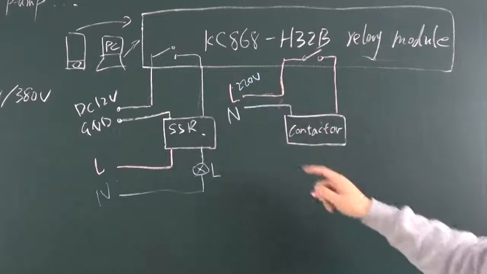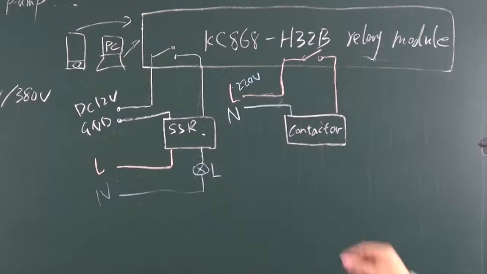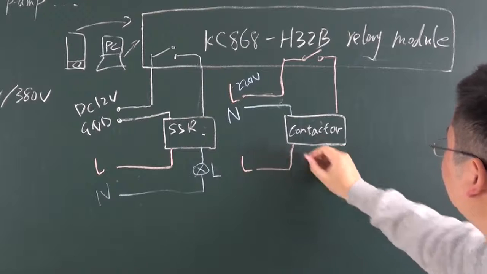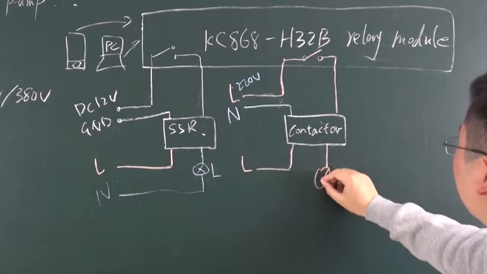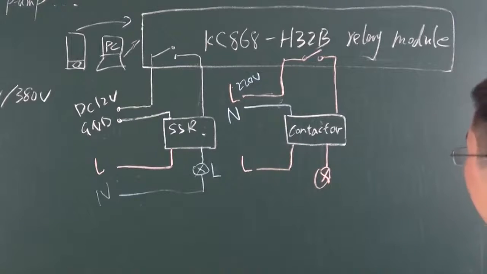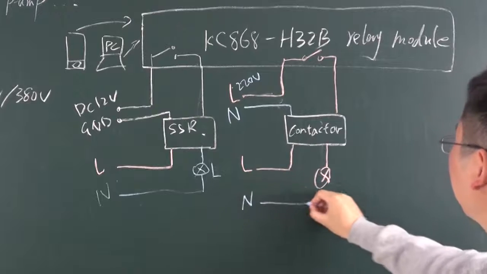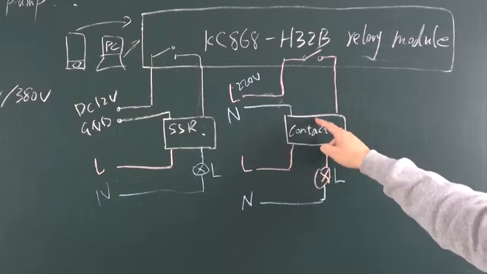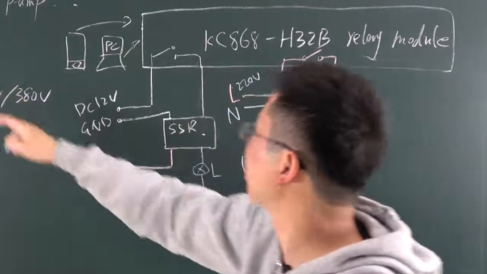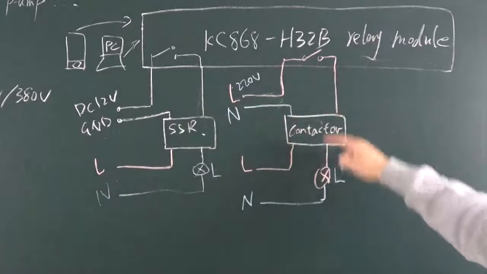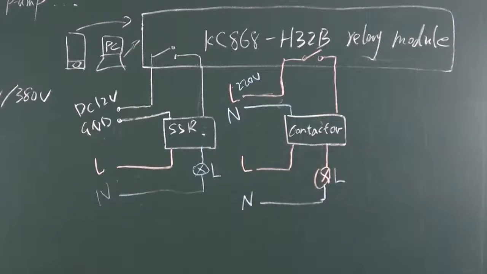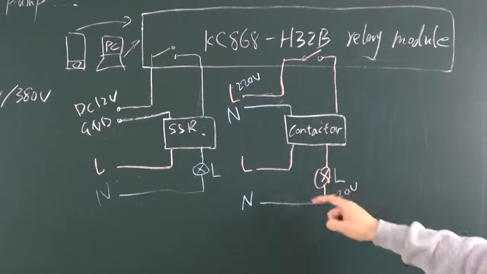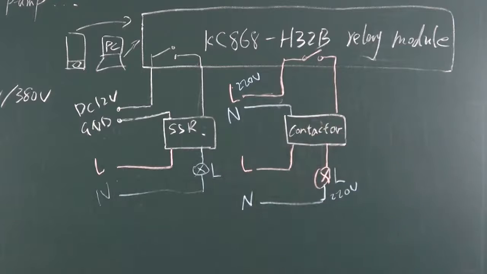Give the contactor L, and this also has a load, and back to the N, neutral. This is the AC control type: the input is AC and the output is also AC. It's controlling an AC 220 volt load.